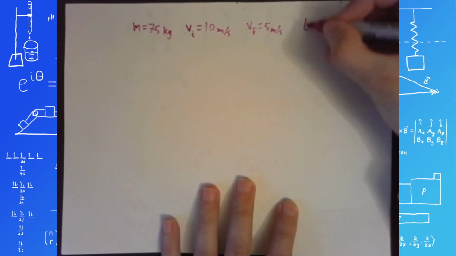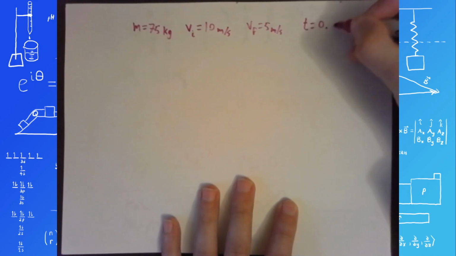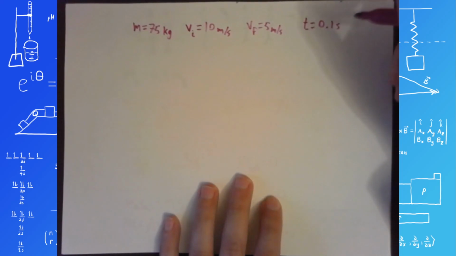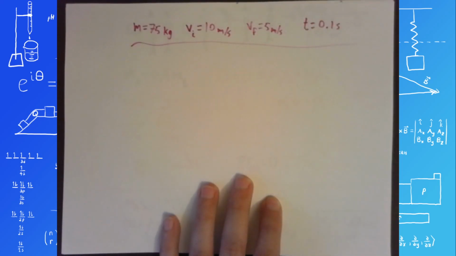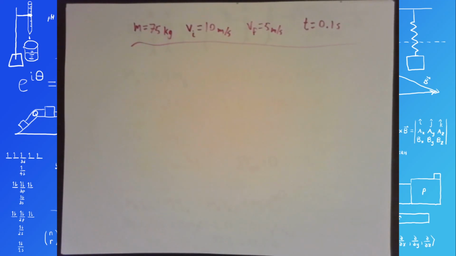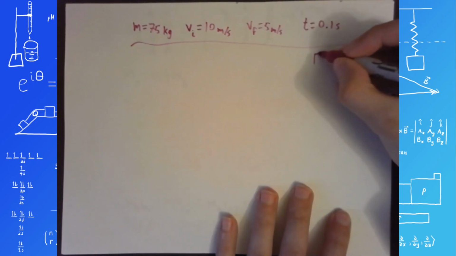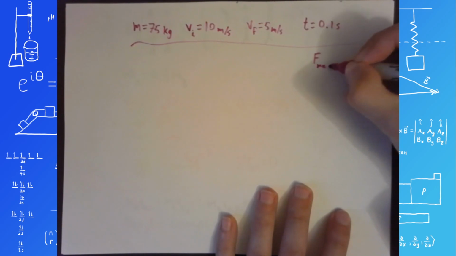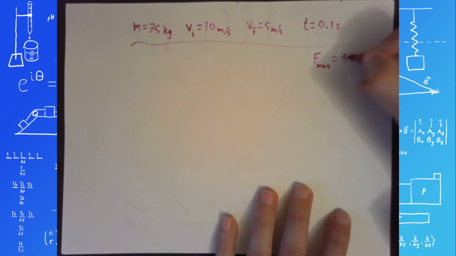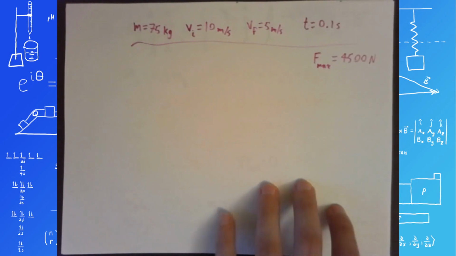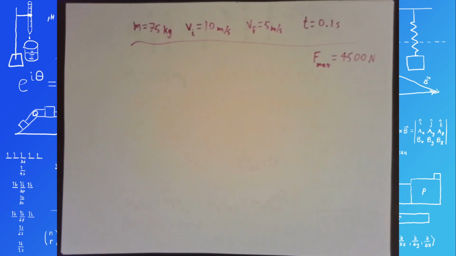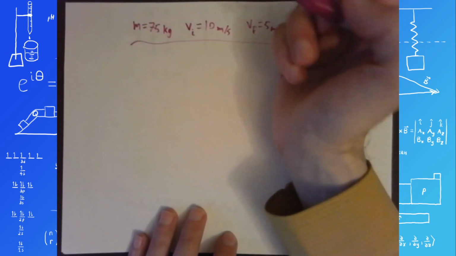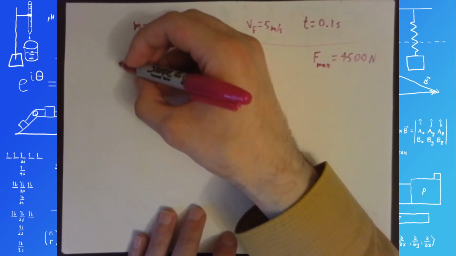We were given that the time of the collision was 0.1 seconds. So let's figure out how much force was in this collision and compare it to 4,500 newtons, which is the maximum force beyond which bones start breaking. So let's calculate the change in this person's momentum.